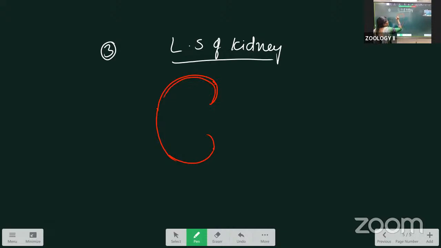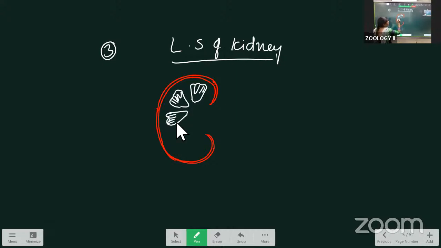Outside of the kidney, the capsule is there that we call the renal capsule, and inside the medulla a number of pyramids are there. They are called renal pyramids. Conical, triangular structures are present.